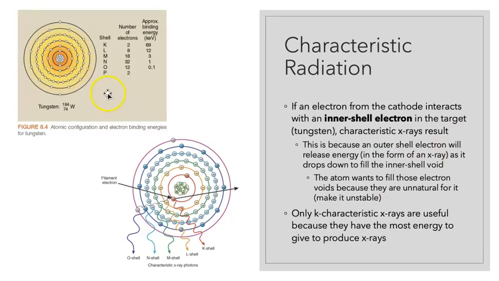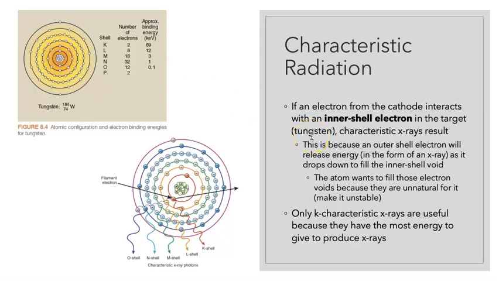So here again we have our tungsten atom. It's kind of what it looks like here. And remember, in that K-shell, we have an approximate binding energy of 69 kiloelectron volts. That's how much energy these electrons in the K-shell are being held to the nucleus with.